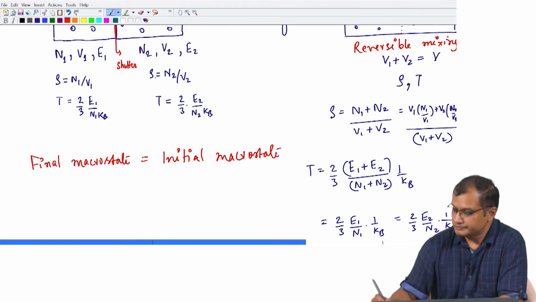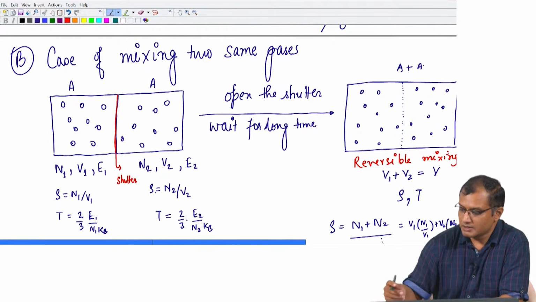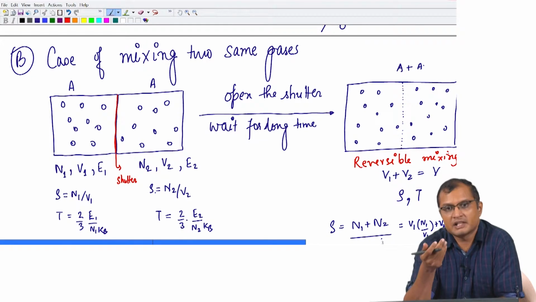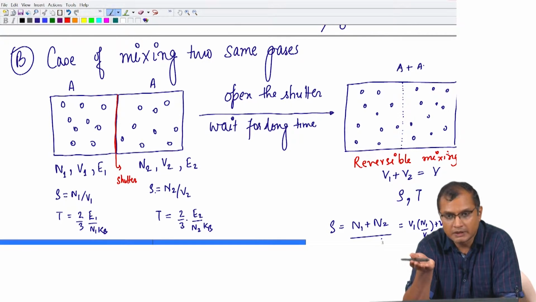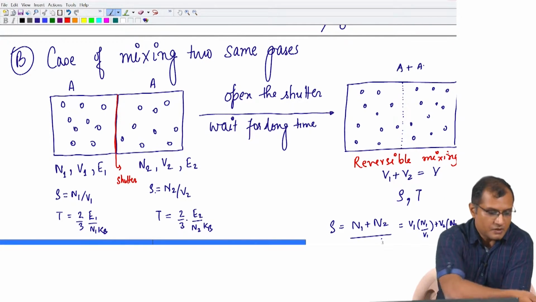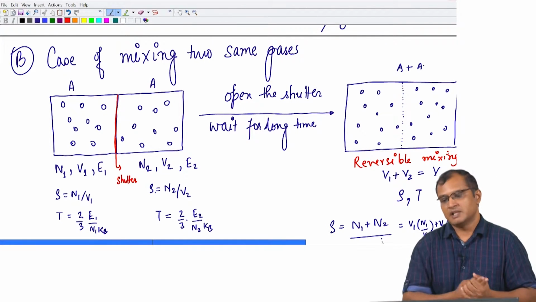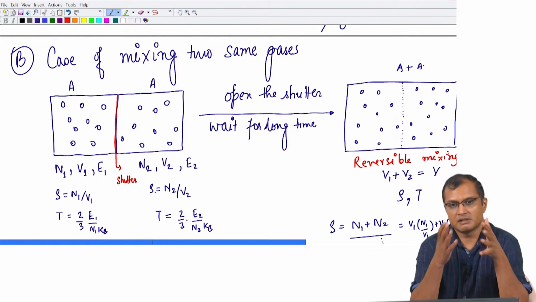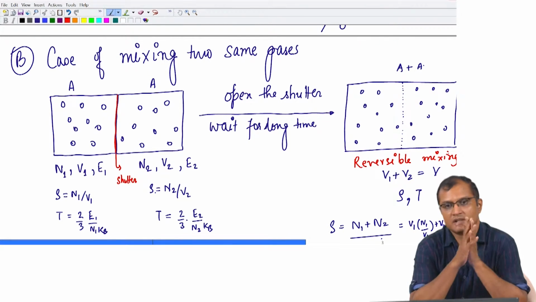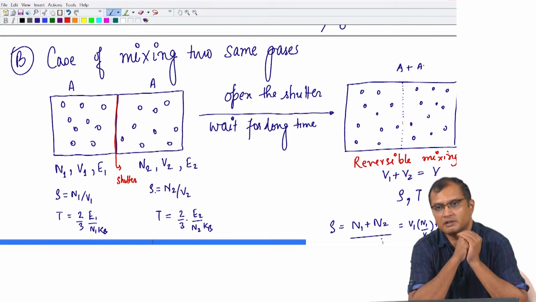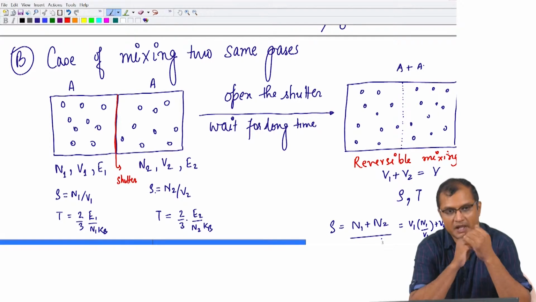Okay. So, this configuration, after you have waited for a long time, is in the same state, and you cannot distinguish that an experiment has happened, okay, by any test or any investigation. So, clearly this entire change is completely reversible, and you do not expect any entropy difference to have arisen.